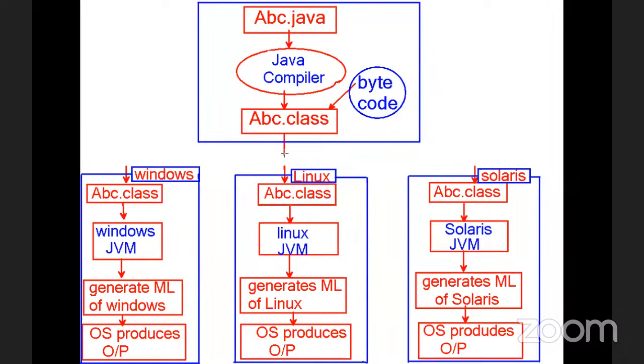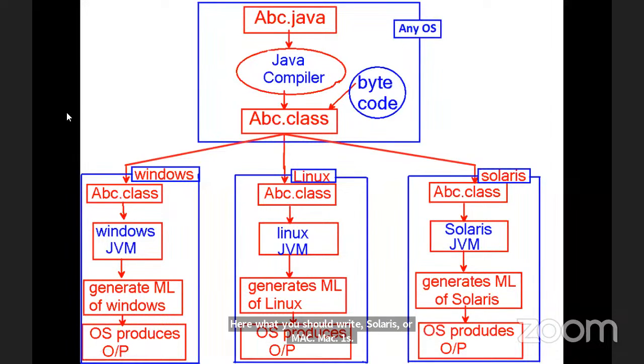Here what should you write, Solaris or Mac? Mac. Write it down. One second. Right, completed. Write down, write down. Here we have the next OS.